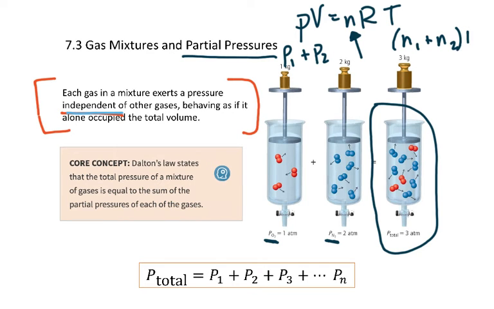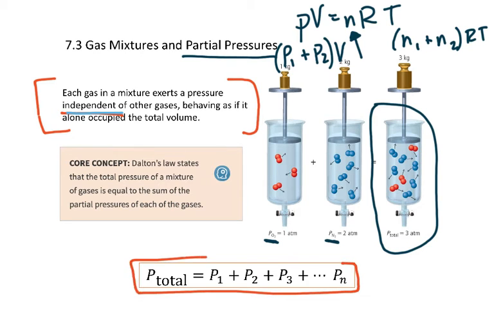But we can basically substitute in like this. And here's really what we get. It's called Dalton's law of partial pressures. We've been saying it all along, but to write it out, the total pressure is equal to the sum of all of the partial pressures up to however many there are. So it might only be 2, it might be 3, or up to n, however many there are.